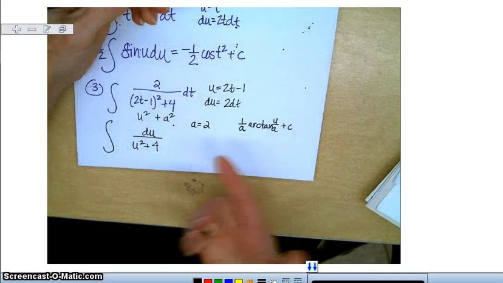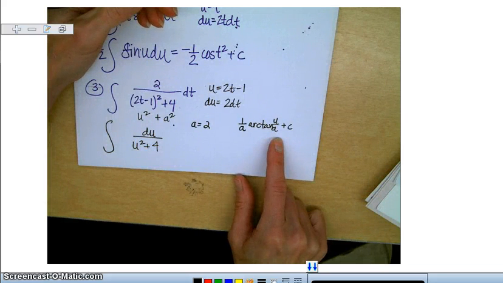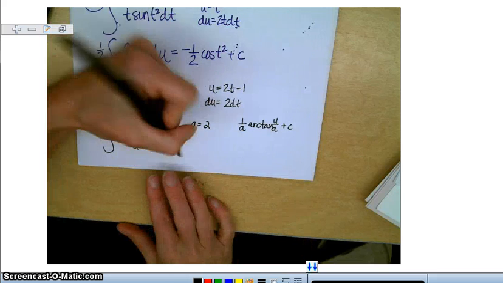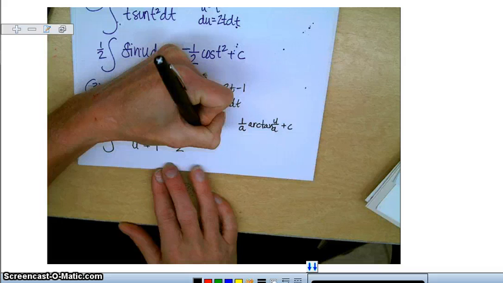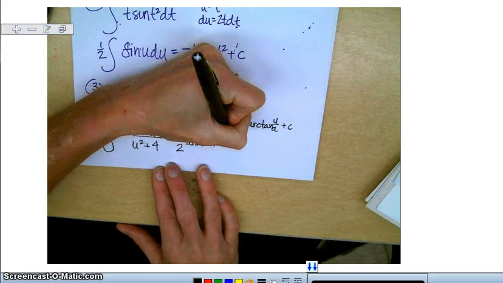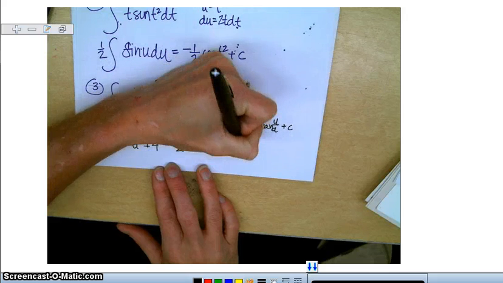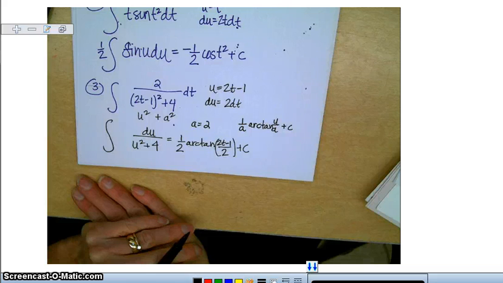In place of any of the a's, I'm going to put 2, and in place of my u's, 2t minus 1. So this will be 1 over 2 arctangent of 2t minus 1 over 2, plus c. No, you don't have to put positive or negative 2.